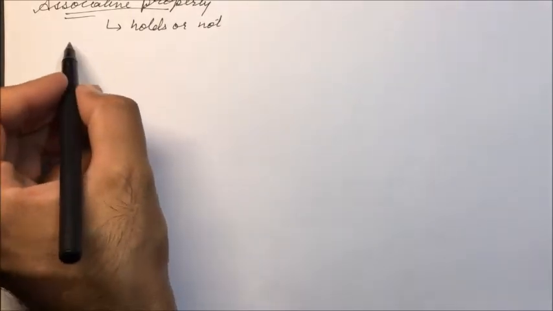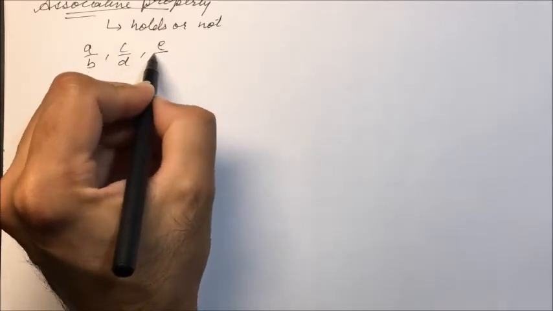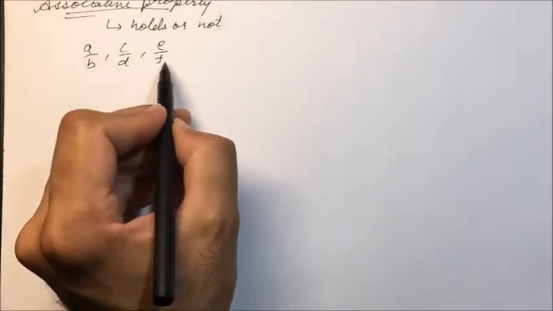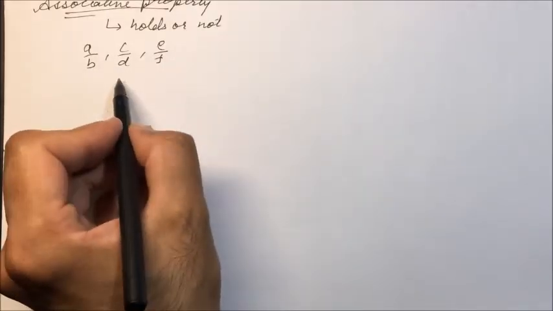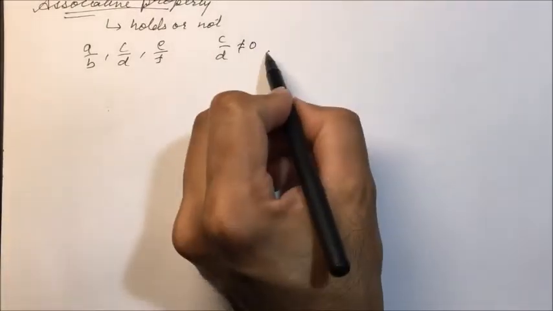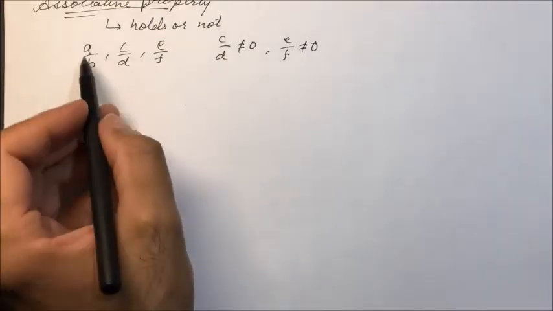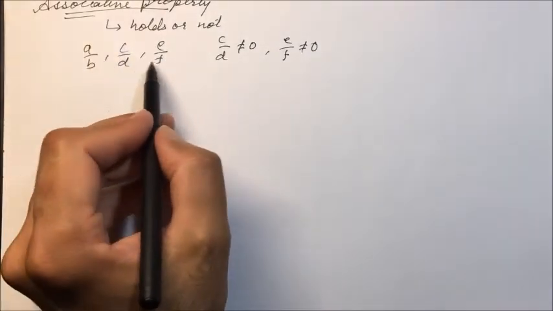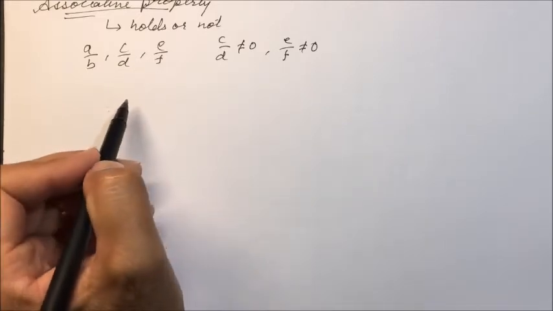So in associative property, if A by B, C by D and E by F are three rational numbers, such that C by D is a non-zero rational number and E by F is a non-zero rational number, we'll be verifying whether associative property holds on the division of these three numbers or not.